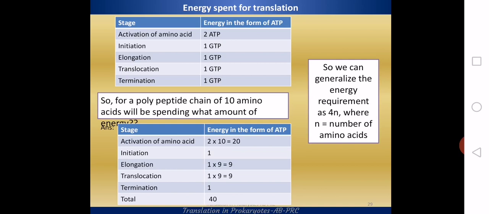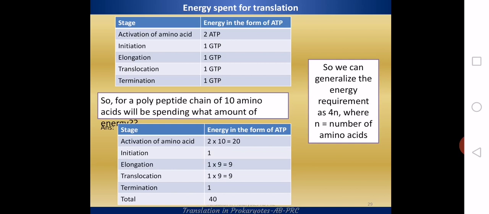So now we will also see finally the energy expenditure of the translation event. See, for the activation event, we are spending 2 ATP molecules, and in initiation, elongation, translocation and termination phases, we are spending 1 high energy compound in the form of GTP.